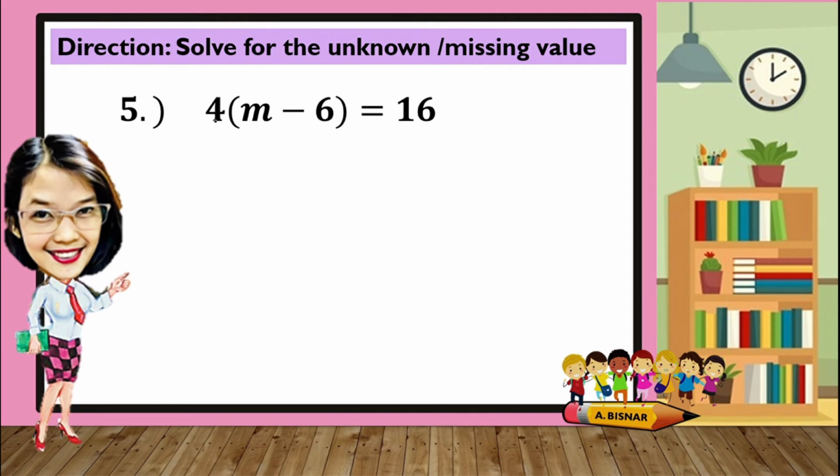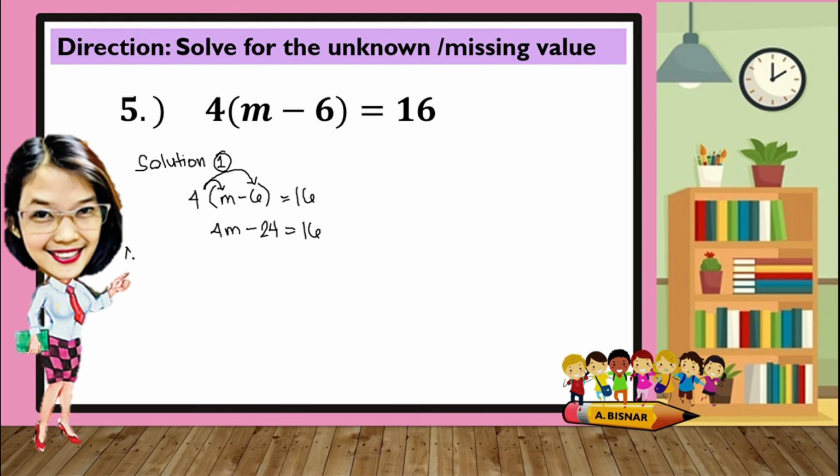For number 5, 4 times the difference of m and 6 is equal to 16. So I will show you two solutions in here. Let's have this as our first solution, or solution number 1. 4 times m minus 6 is equivalent to 16. 4 times m, you have 4m minus 4 times 6, which is 24, is equal to 16.